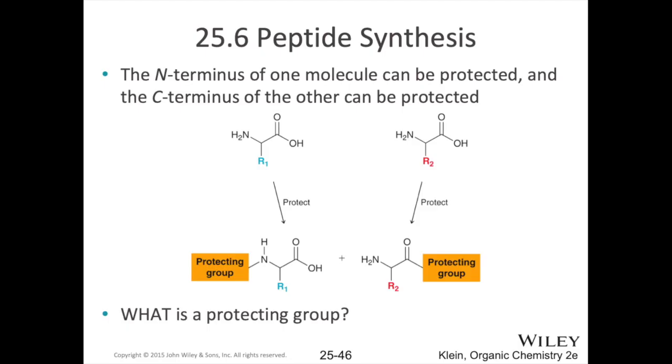We want to block the amino group of our N-terminus, and we want to block the carboxylate group of our C-terminus and prevent them from reacting, right? We want them to remain termini in our final product. Okay, so we protect those ends respectively, and then we can couple together the remaining carboxylic acid group and remaining amino group using DCC.